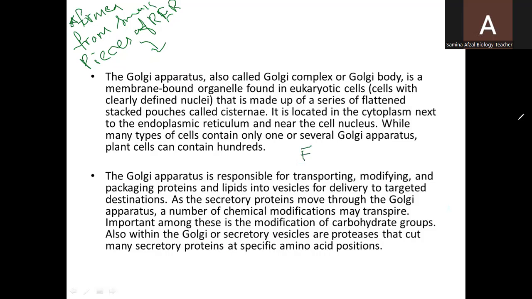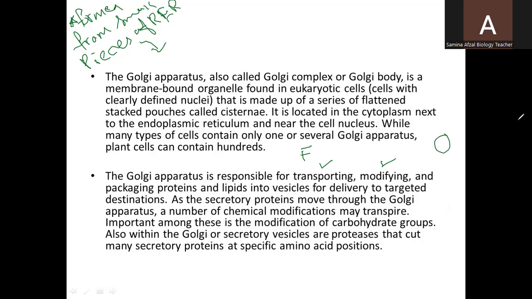that the Golgi apparatus is responsible for transporting, modifying, and packing proteins, that is, the proteins which are formed in the endoplasmic reticulum. Small pieces from the endoplasmic reticulum get separated and join together to make the Golgi bodies. Those Golgi bodies are then responsible for transporting, modifying, and packing proteins and lipids into vesicles for delivery to targeted destinations.